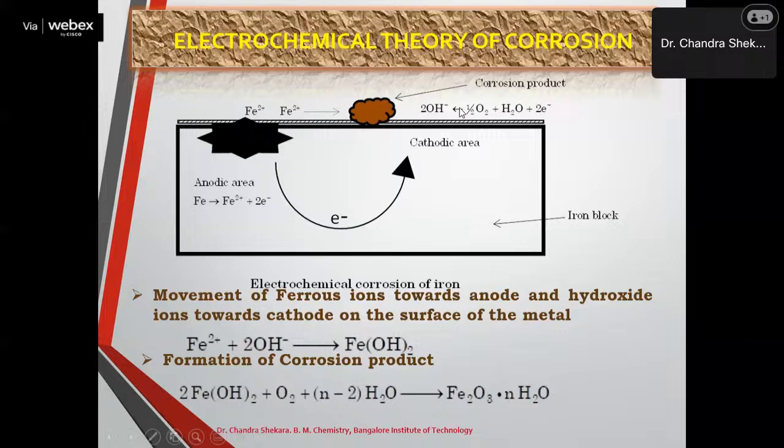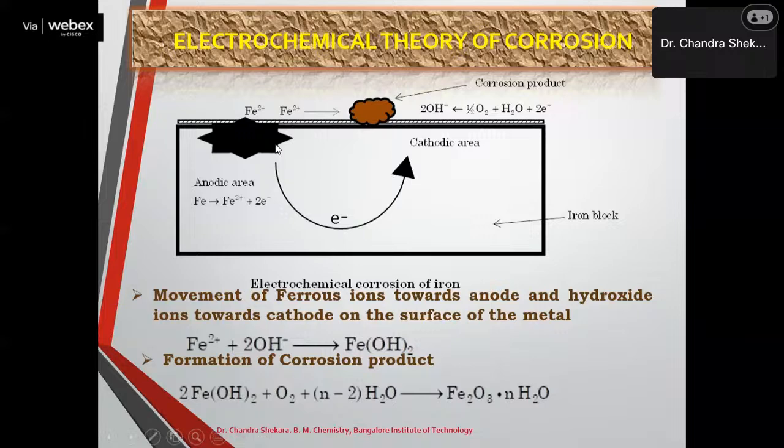Therefore, as per the electrochemical theory of corrosion, corrosion of the metal is mainly because of the oxidation reaction that occurs at the anodic area. At the anodic area, metal is oxidized to metal ion by liberating electrons. When the electrons are liberated here, they result in the reduction of O2 and H2O into OH- at the cathodic area. One of the main driving forces for oxidation of metal at the anodic area is the ability of the metal to undergo oxidation.